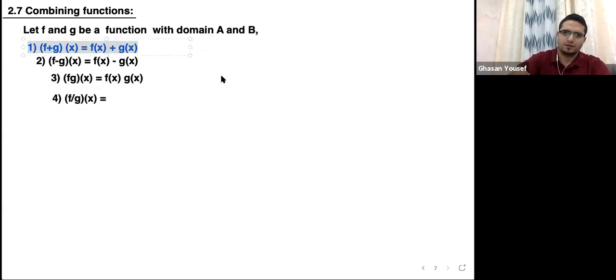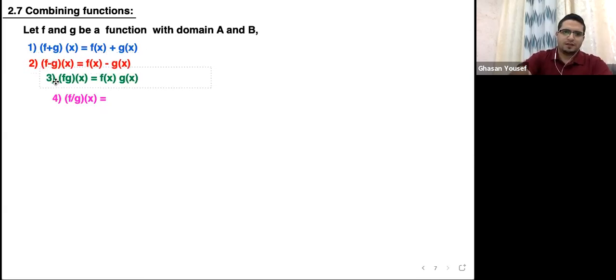First one blue color, second one red, third one green, and this one is pink. So I defined the function as the sum of these two functions, the difference of these two functions, and also the quotient between these two functions.